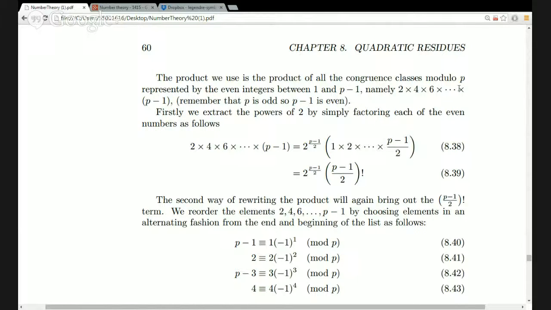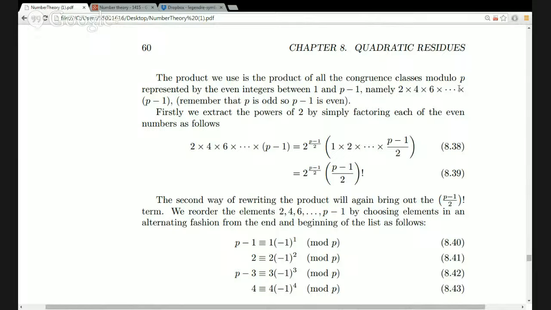So we're going to multiply them all together. Now, they're all the even numbers, so we can suck a factor of 2 out of each one. 2 comes out of 2, 2 comes out of 4, 2 comes out of 6. There are (p minus 1) over 2 numbers there, so you're going to take out (p minus 1) over 2 factors of 2. And what you're going to leave behind is 1 times 2 times 3 times 4 times, lastly, (p minus 1) over 2.